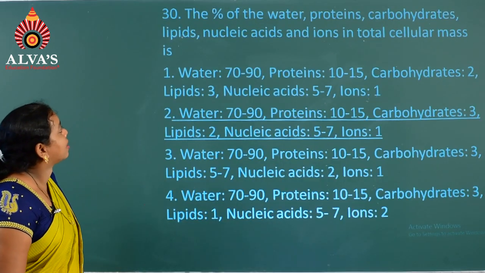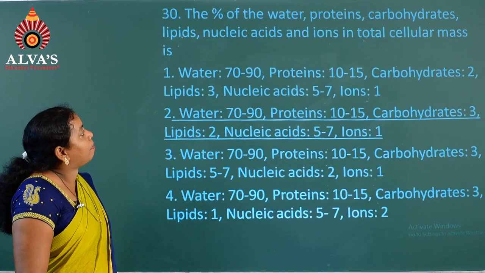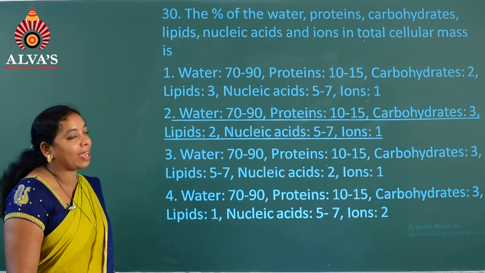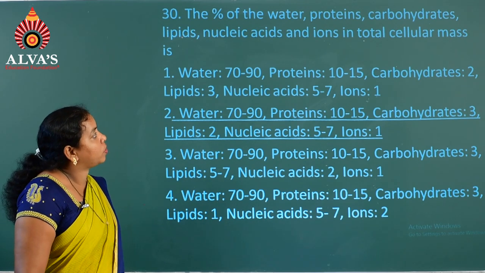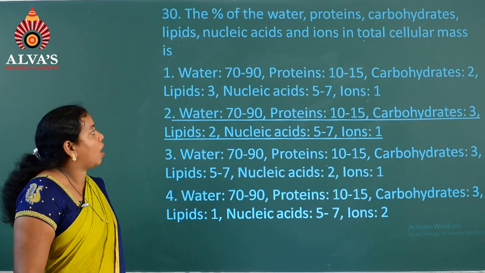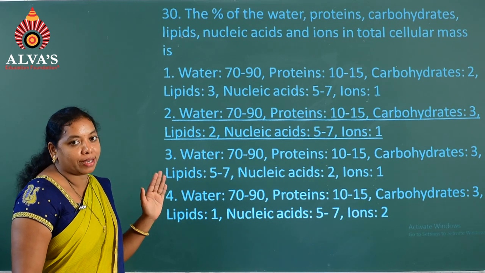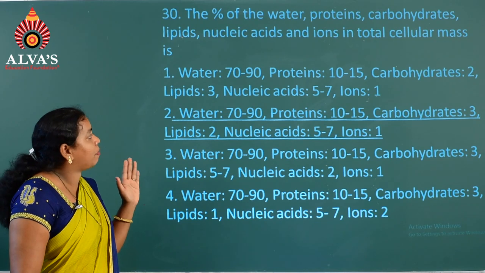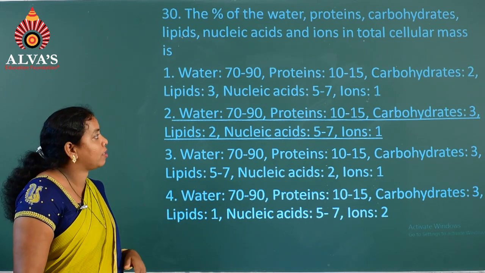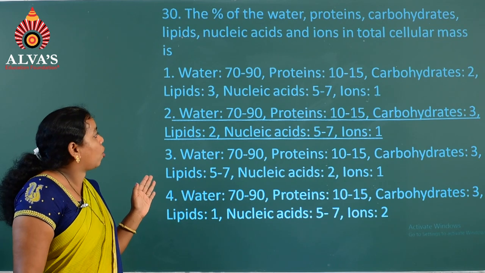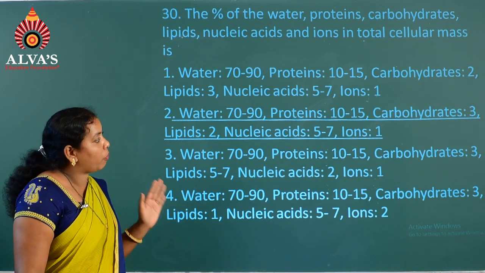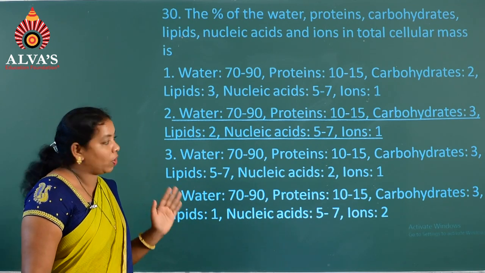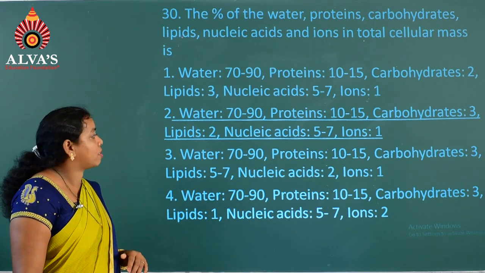Moving to the next question, that is question number 30. The percentage of the water, proteins, carbohydrates, lipids, nucleic acids and ions in total cellular mass is option 1, water 70 to 90, protein 10 to 15, carbohydrates 2, lipids 3, nucleic acids 5 to 7, ions 1. And second option, water 70 to 90, proteins 10 to 15, carbohydrates 3, lipids 2, nucleic acids 5 to 7, ions 1.